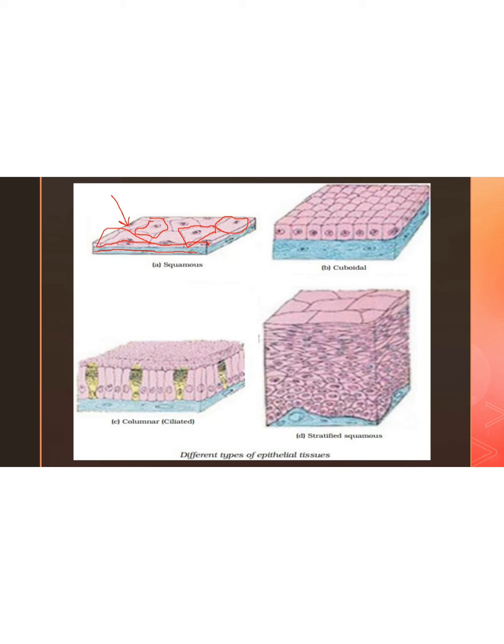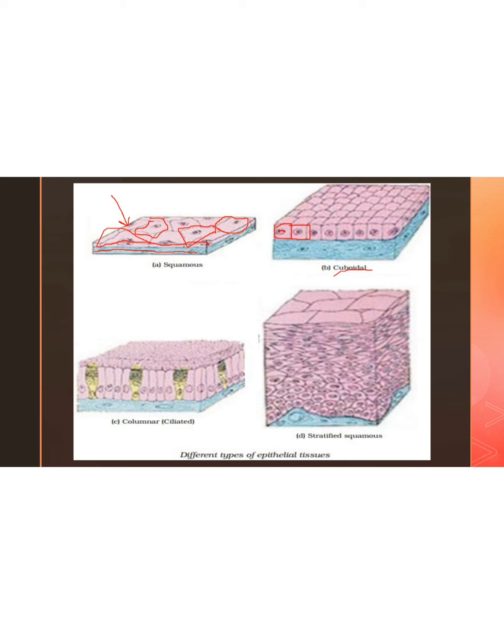Next is the cuboidal epithelium. As the name suggests, cuboidal, cube, the cells of this epithelium look like a cube. You can see here they look like a cube. The major thing you should know is that the nucleus of the cuboidal epithelium is always present in the middle.